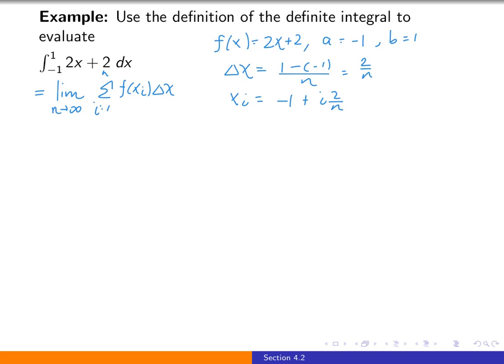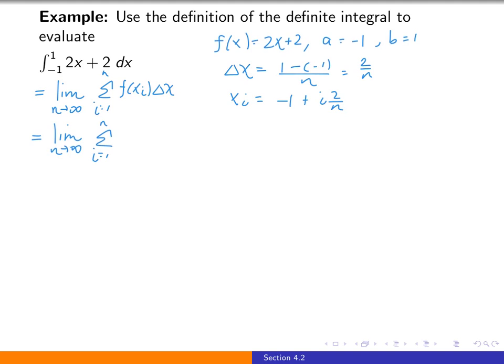And what we need to do now is just plug all of this into our sum. So at each step, we keep writing the limit and the sum until we evaluate. That ensures that we have proper mathematical notation, and also helps to make sure that we don't make silly mistakes, which result typically from poor notation.